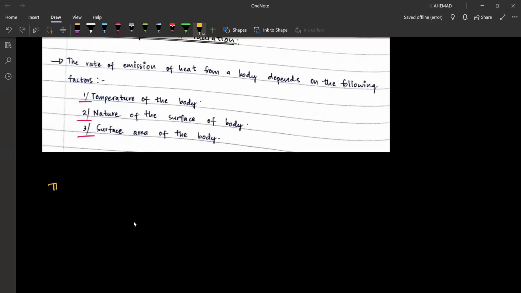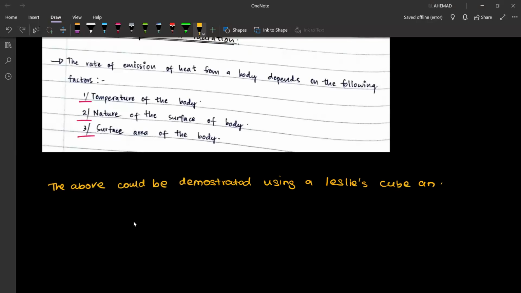The above could be demonstrated using a Leslie's cube and a thermopile.